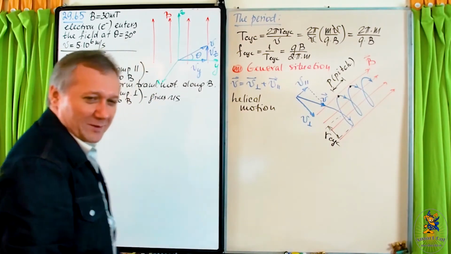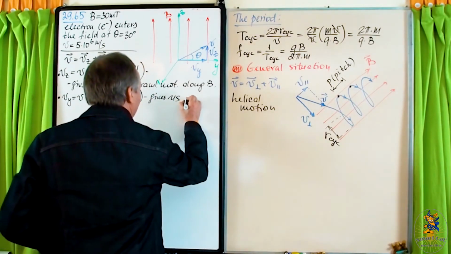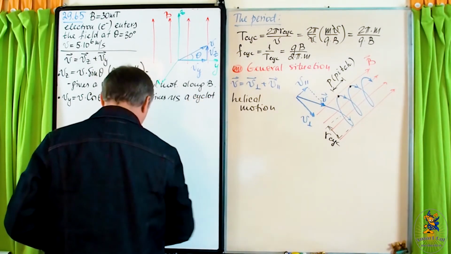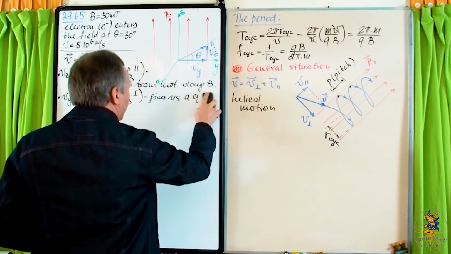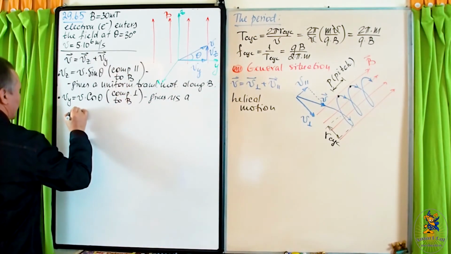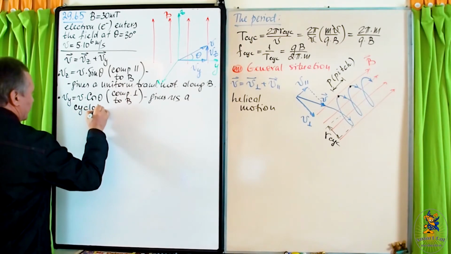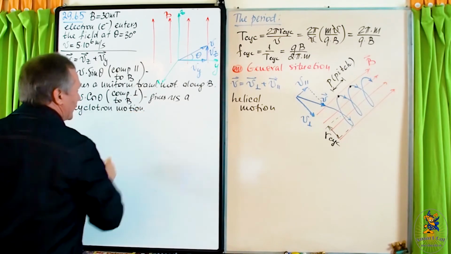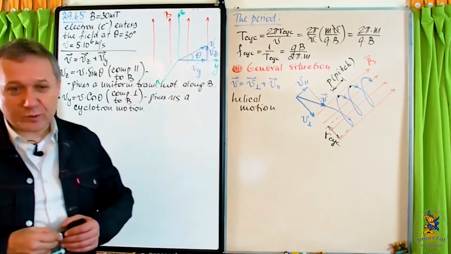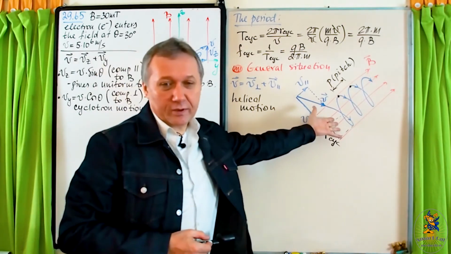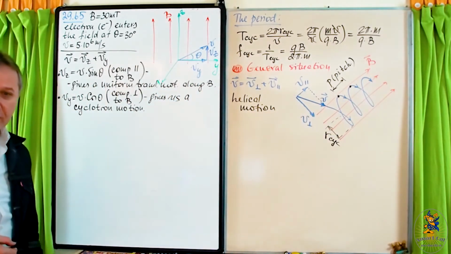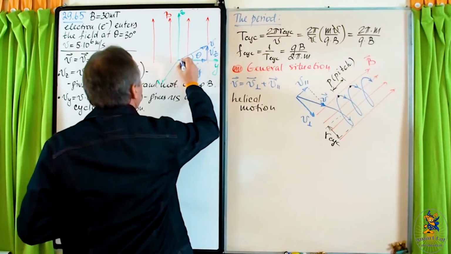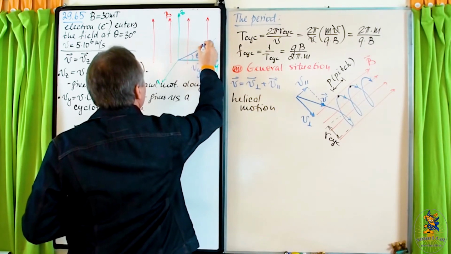So it gives us a cyclotron motion. Of course, a superposition of these two motions gives a trajectory similar to that one. Helical motion. Okay, so let me draw that helical motion. It will be something like this.